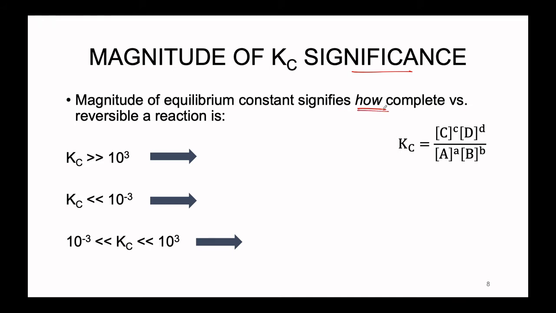So the magnitude of your equilibrium constant is going to signify how complete versus how reversible a reaction is. So in the case where your equilibrium constant, or the ratio of product to reactant, is going to be huge, significantly greater than 1,000, that's what this means.